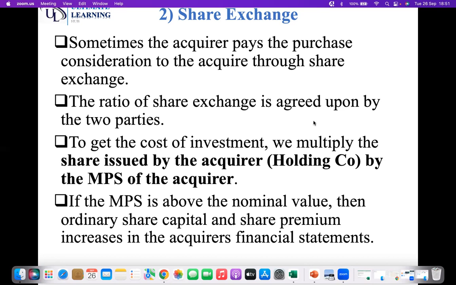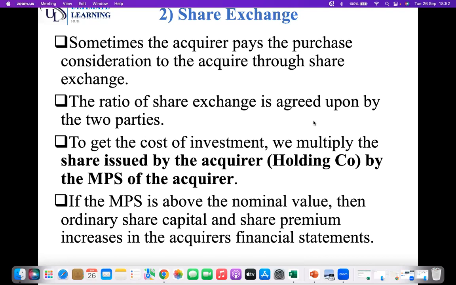So whenever there is share exchange, point number one, you calculate the cost of investment. And as a result of the share exchange, new shares are introduced into the business, and they increase the share capital to be consolidated.